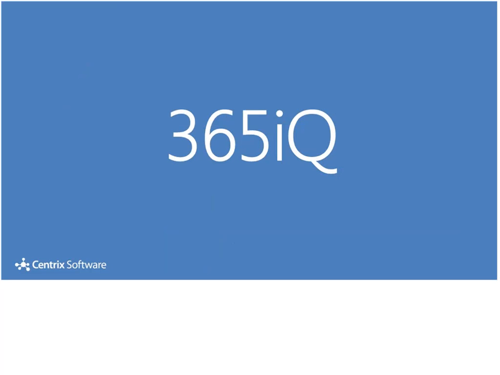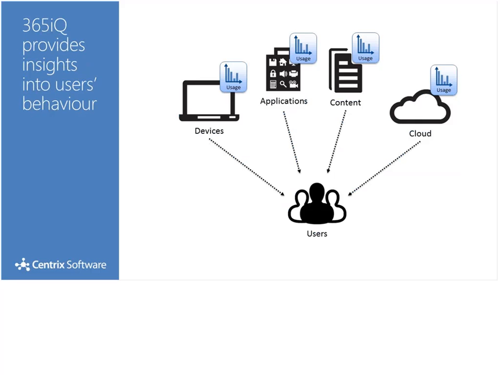So I'll now go into 365 IQ. Firstly, I'll want to give you an overview of 365 IQ and the suite of products that Centrix Software provides. What 365 IQ does is look at devices, all applications which run on these devices, the content that users are using, and also cloud usage.